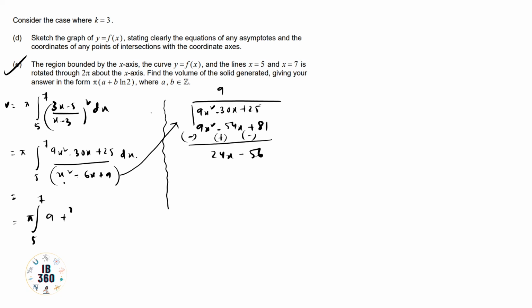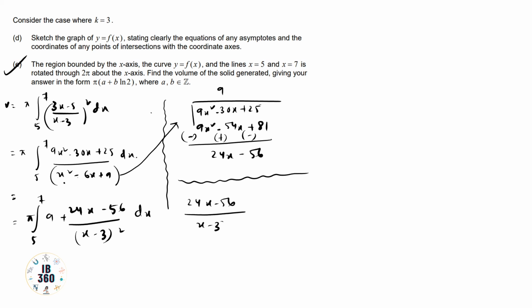So obviously I can write now, that is 5 to 7, here I can write pi, so 9 plus (24x minus 56) divided by x square minus 6x plus 9, I am writing it in this way, dx. Now one more formula you need to apply, that is to write 24x minus 56 divided by x minus 3 whole square in terms of a by x minus 3 plus b by x minus 3 whole square.